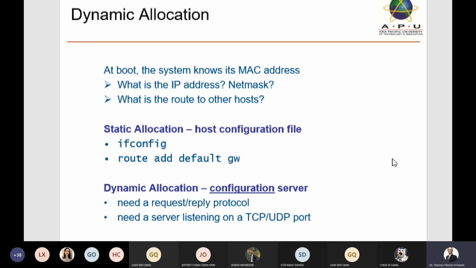It's the same thing that happens when we connect on our home wireless networks. There's some server at our internet service provider that is dynamically allocating us an IP address.